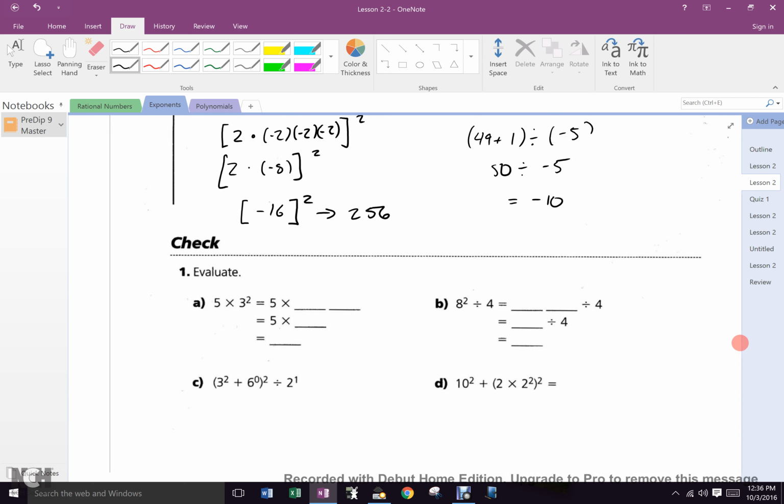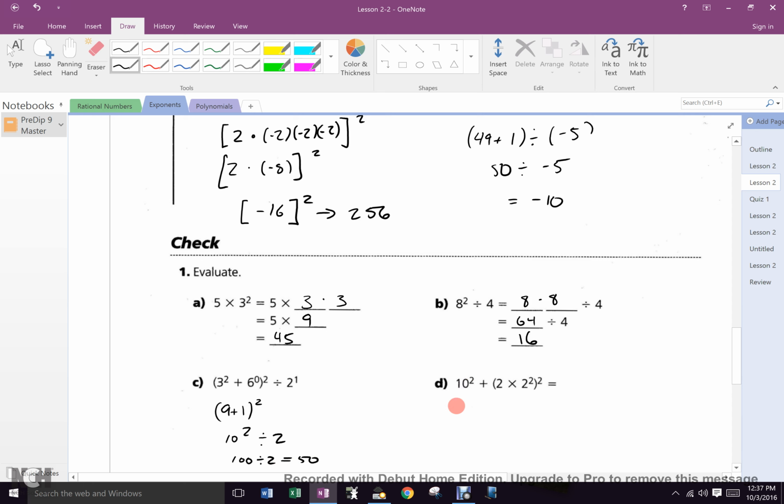It is very cool. 5 times what? 3 times 3, which is 5 times 9, which is 45. What's this one? 8 times 8, which is 64 divided by 4, which is 16. What about here? 9 plus 1 squared, 10 squared, divided by 2, 100 divided by 2, 50.